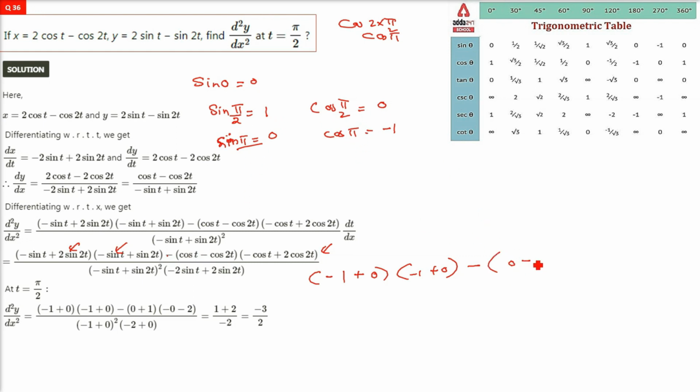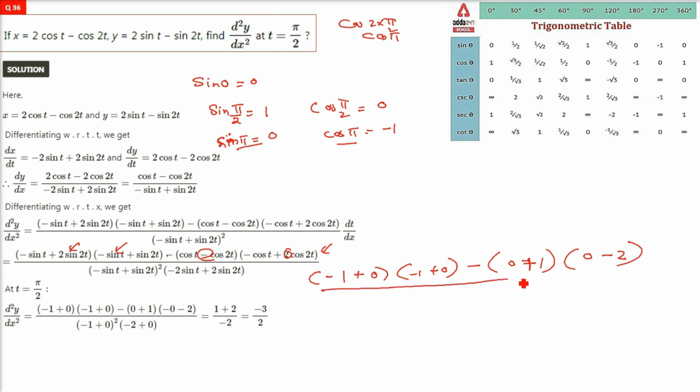Then we have cos 2t, that is cos pi, which is negative 1, and since you already have a negative here, in cos t minus cos 2t you have a negative with a negative, so it will be positive 1. Minus cos t, again cos pi by 2, is 0, minus 0 is no value. Then twice of cos 2t, because cos pi is minus 1, will be minus 2.